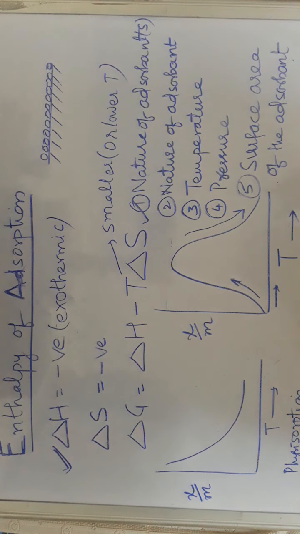Its extent of adsorption can be enhanced by making it activated charcoal. Activated charcoal is made by heating charcoal in vacuum at a particular temperature so that it loses all its moisture content and becomes porous. Once it becomes porous, its extent of adsorption is increased because the surface area is increased.